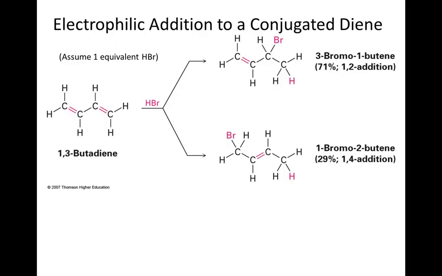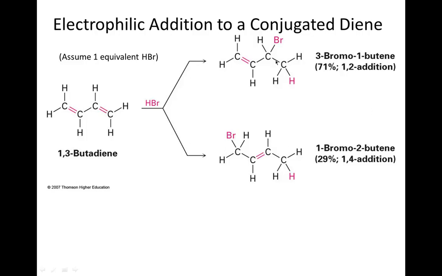But now let's see what happens if this time we assume we only have a one-to-one relationship of HBr and a conjugated diene. And then we get this result. So we get some of this product right here, which looks pretty much like you would expect if you just thought about this as an isolated double bond.